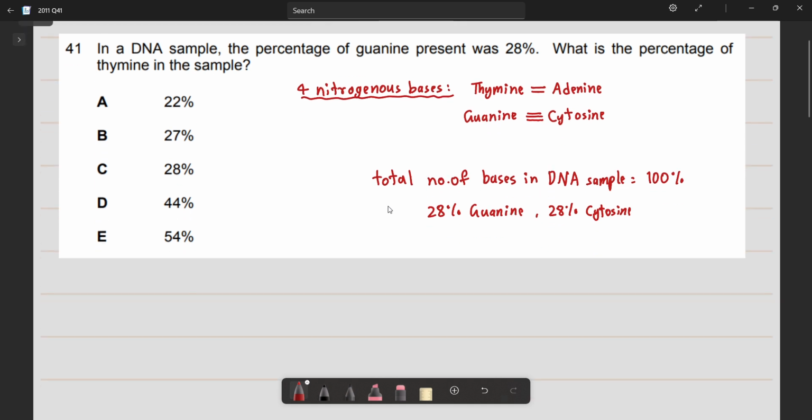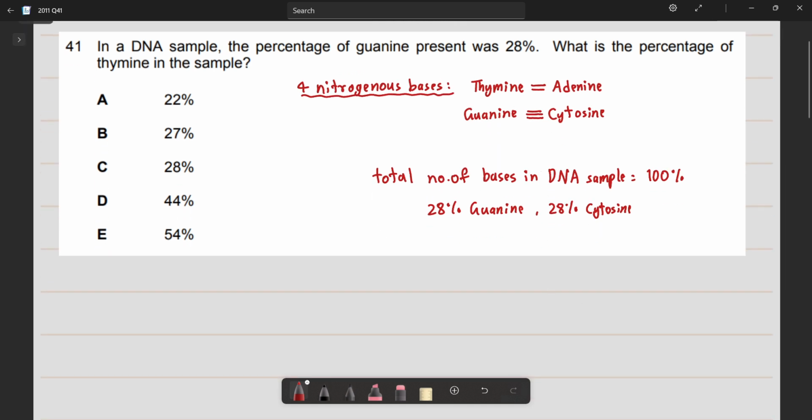But for thymine and adenine, we're not sure, and that is what we must find out. If we find the percentage for thymine, it will be the same as adenine. For example, if thymine is 10%, adenine will also be 10%, because these bases pair with each other.